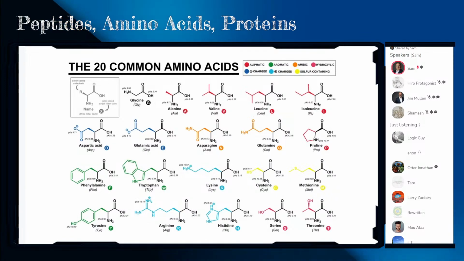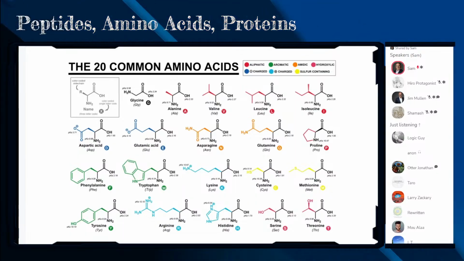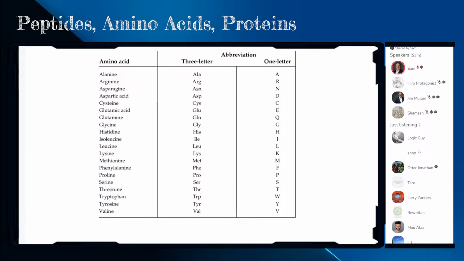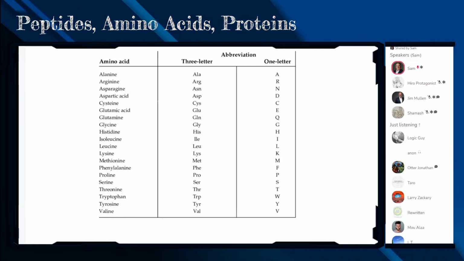So when you see protein sequences, they're either in the 3-letter code or in the 1-letter code. You never see the full names spelled out. Slide 13 is just the same thing in a table format. It's a very good reference.